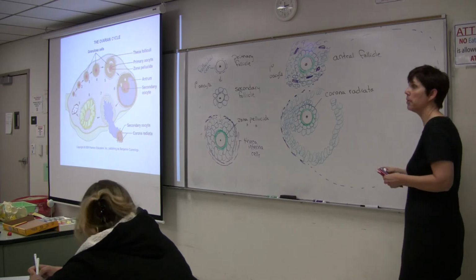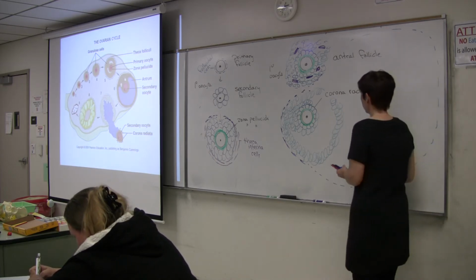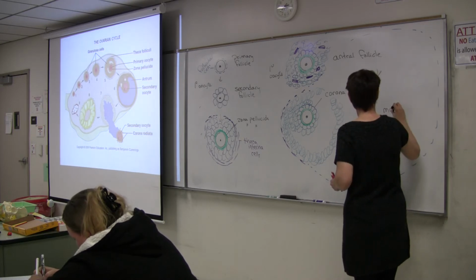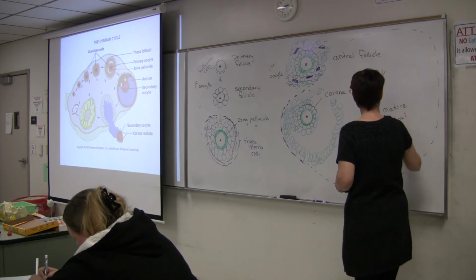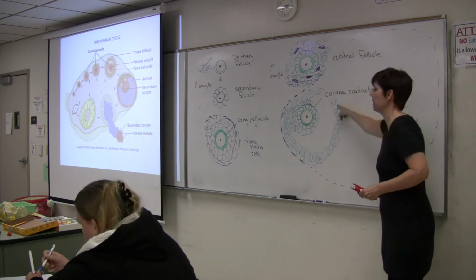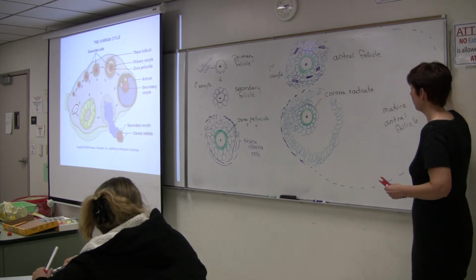And now we call it a mature antral follicle. Still an antral follicle, all right? But this largest one is called the mature antral follicle. This would expand out. So this would be the entire size of the antral. This wouldn't be here anymore. The antral would enlarge out to here, okay?